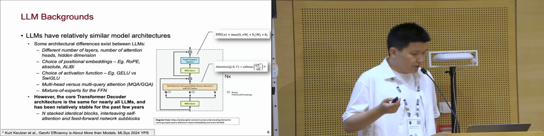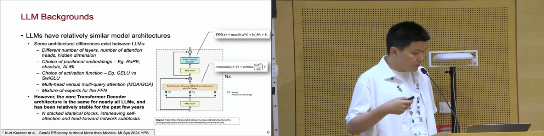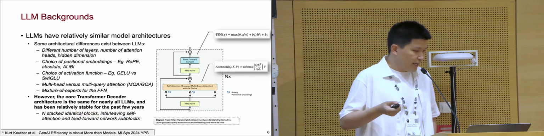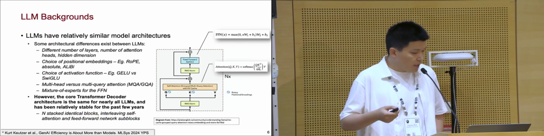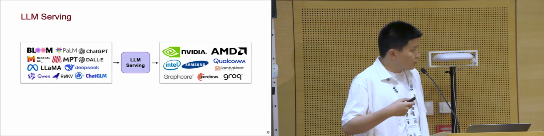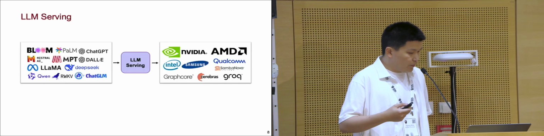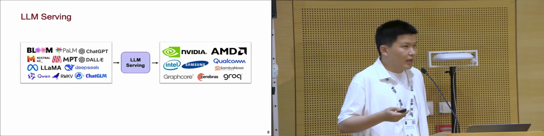More specifically, all of them are using similar architecture, but only some different hyperparameters, like the number of attention heads, the hidden dimension, or the choice of positional embedding methods or activation functions. But basically, this transformer decoder architecture is the same, and it has been used for many popular language models.